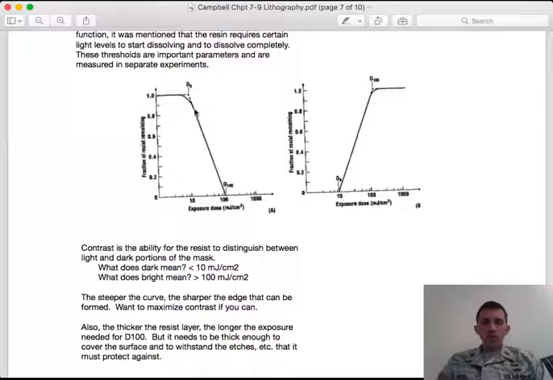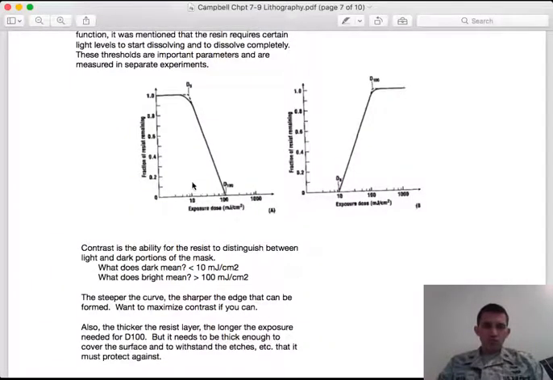And you want this transition to be as sharp as possible, because the steeper the curve, the sharper the edge you can form, which means that you want to maximize the contrast, or the modulation transfer function, to the degree that you can. This gives you the sharpest edge.